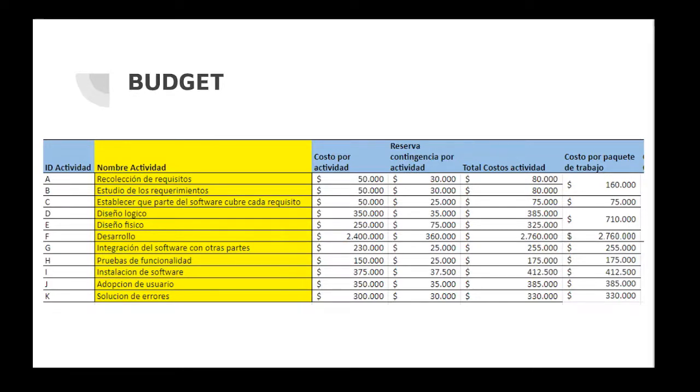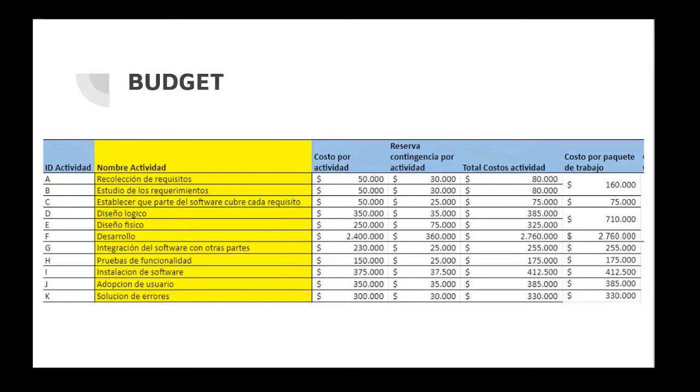Stability, which is part of the software coverage requirements, with a cost of 50,000 and a reserve of 25,000, and the total cost will be 75,000 pesos.